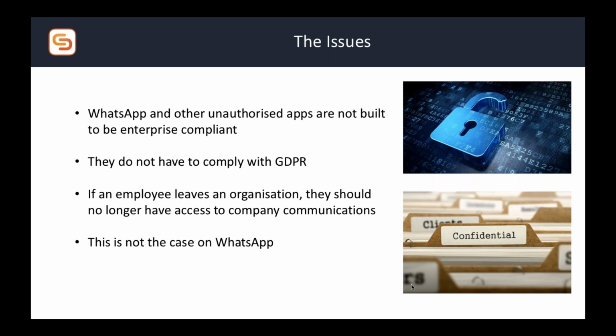For a group of friends organizing a party or parents discussing if the school is closed due to snow, apps like WhatsApp are more than sufficient. They're brilliant tools. But when they're used in the corporate world with colleagues sharing confidential financial information or new product designs, it brings with it serious concerns.